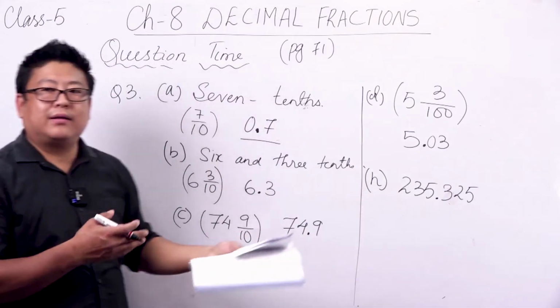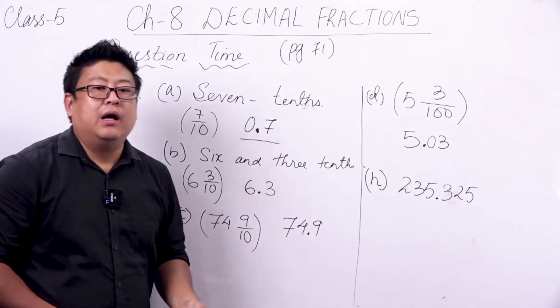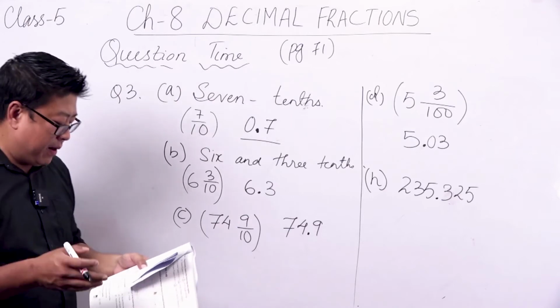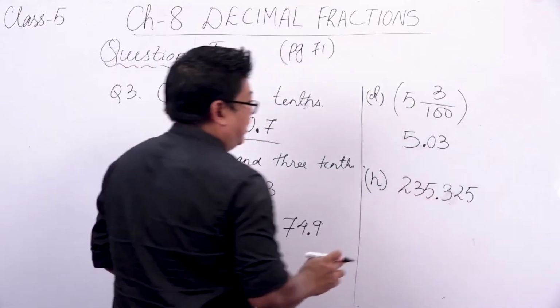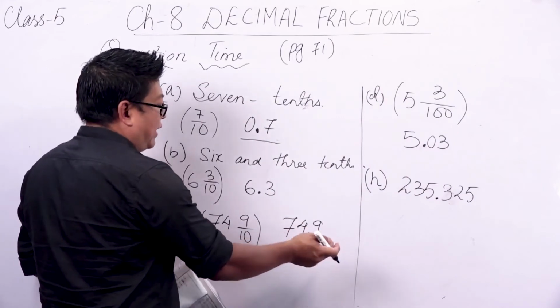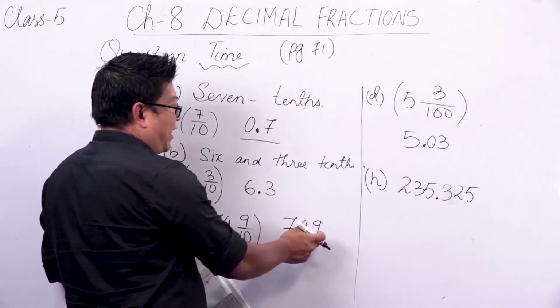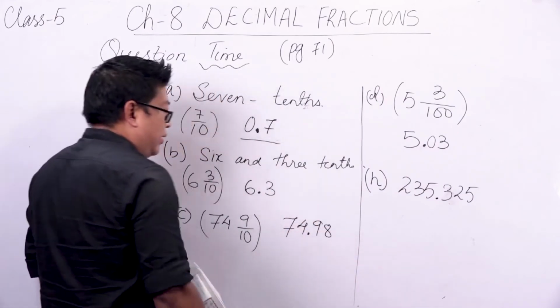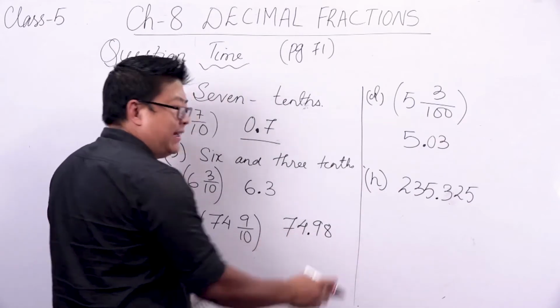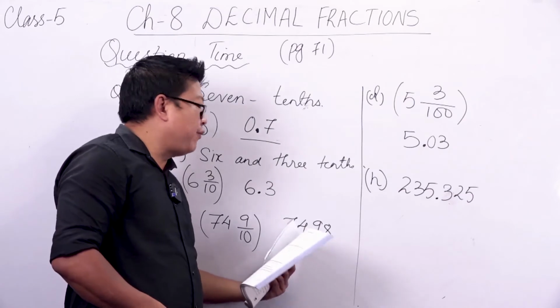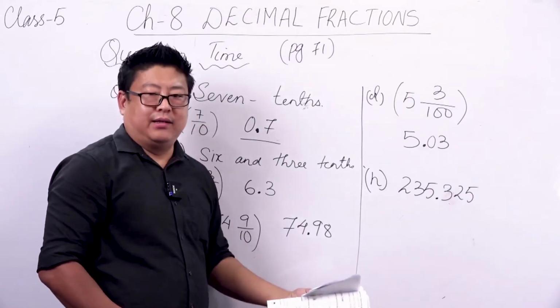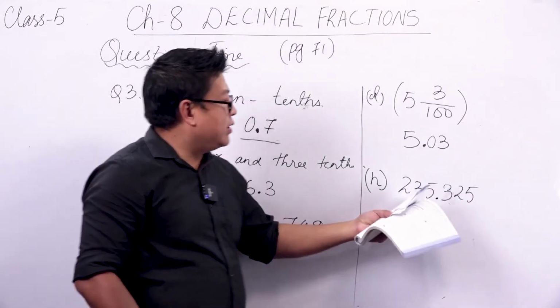We have to write those words into numbers now. Now, please remember that after the decimal point, suppose it is 74.9. If I write here 8, 74.98. We do not read 98, okay? We must read it as 74.98, all right?